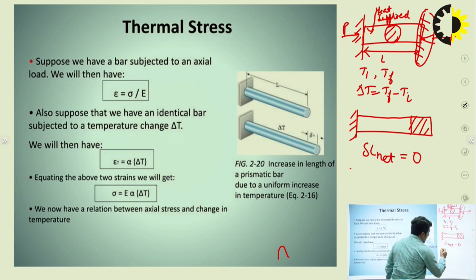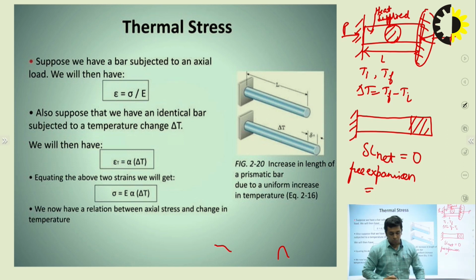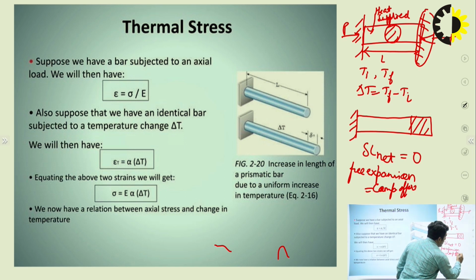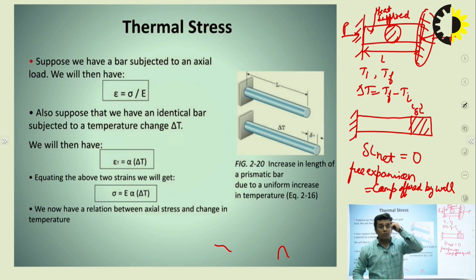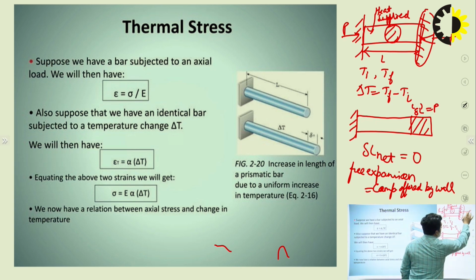We can say that free expansion is equal to the constrained length, or compression offered by the wall, because this delta L amount is prevented by the wall. And we know from our concept that this is a mechanical force, so this delta L will be equal to PL by AE.